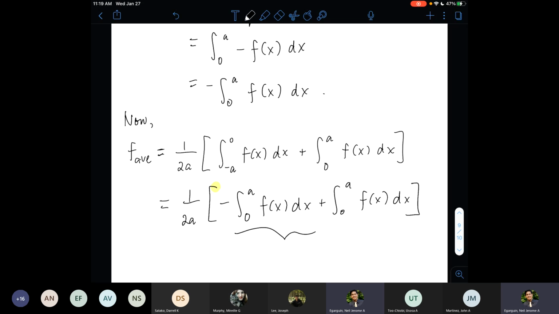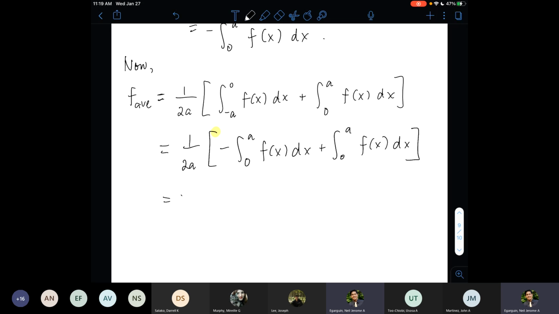And look at these two guys. They will cancel each other out, right? Because they are exactly the same except for their signs. So now we have proven indeed that the average value of any odd function over an interval of the form negative a to a is equal to 0. Good, guys? That was quite long, but I hope you understand the process.